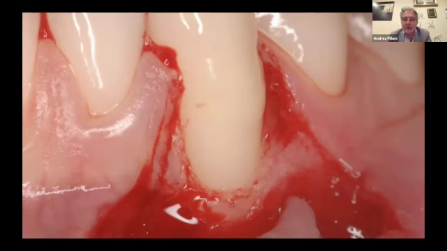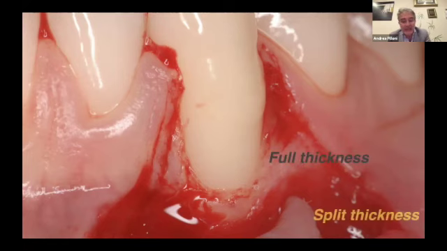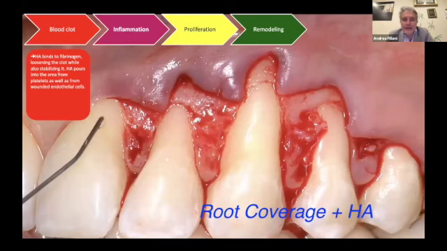We raise the flap, which is full and split thickness, so we can passively move it upwards, in this case, or downwards for upper jaw recessions, and close the area.